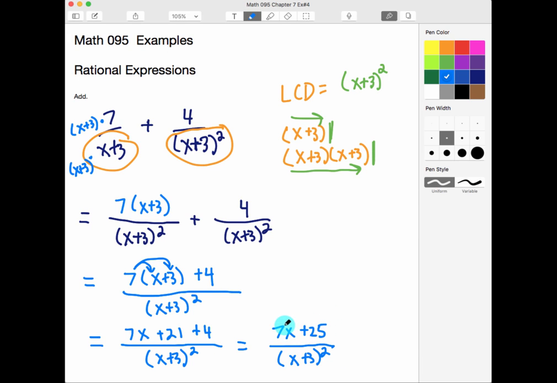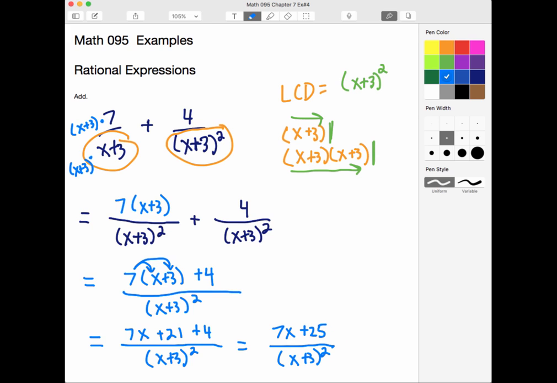Well, 7 does not go into 25, so there's no greatest common factor there. And there's definitely not an x plus 3 in any of this, so we're actually done now. We have simplified, and there's nothing else that we can simplify any further, so we'll have our answer of 7x plus 25 divided by the quantity x plus 3 squared.